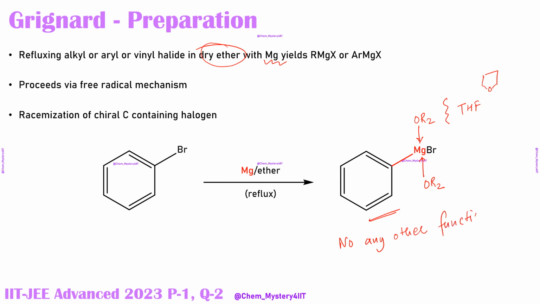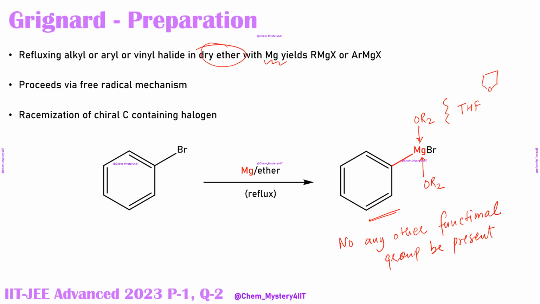If you keep another functional group present, it is very possible that the Grignard will attack that functional group, and you will get some different product rather than the Grignard itself. You will not be in a position to retain your Grignard as the final product.